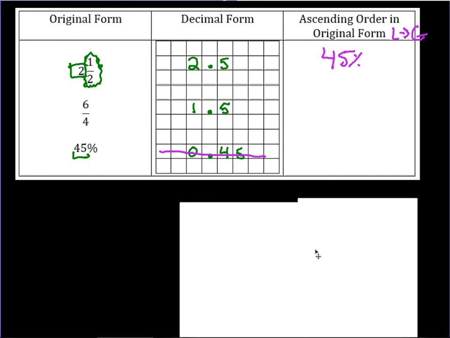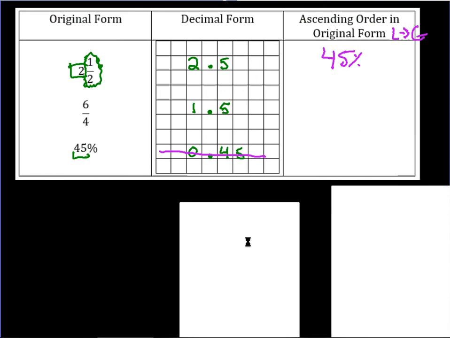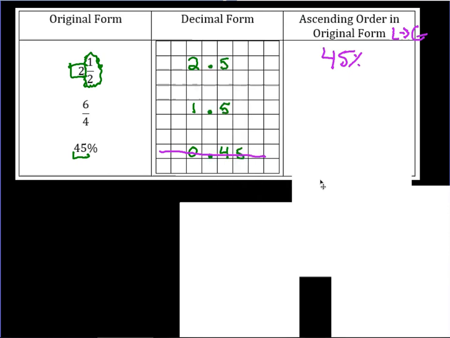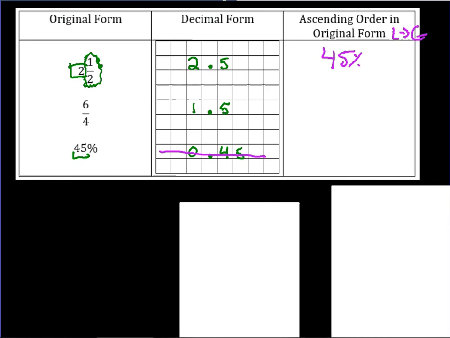Now we're going from least to greatest, so which one's the lowest out of these two? We'd say 1.5 is the lowest, which goes along with the 6/4. Again, we write 6/4, cross it out, and we are good.